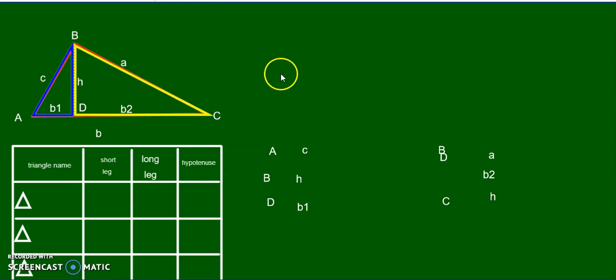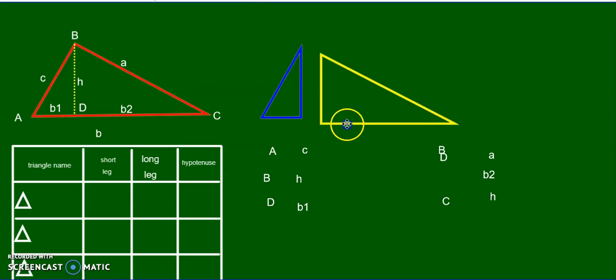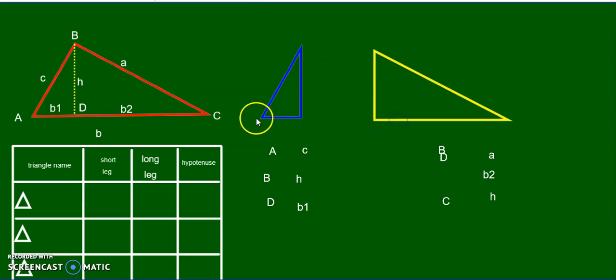Now what I'm going to do is take this blue triangle here and put it over here, and take this yellow one and put it over here. Now look at the blue and the red one. What do you notice about them? Well, you have the same angle, right? This angle and this angle are the same, and you have a right angle here.